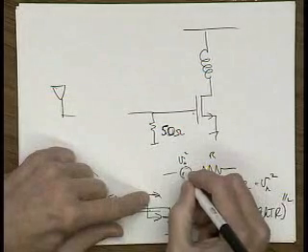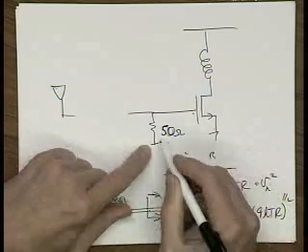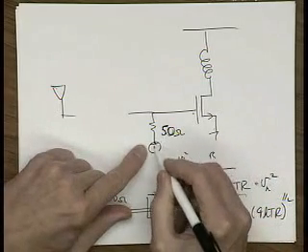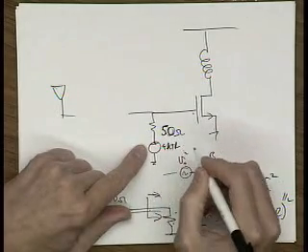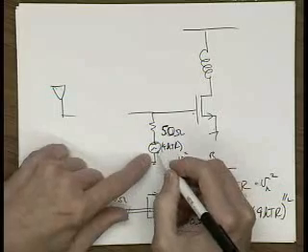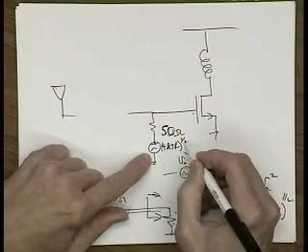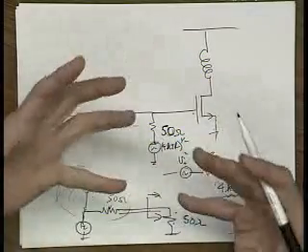It's in series with this resistor. So as soon as I add a 50 ohm resistor like this, I'm really adding a noise source of 4kTR, a little noise voltage in series with this resistor. So this is a noise that I have to deal with.